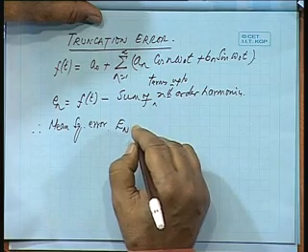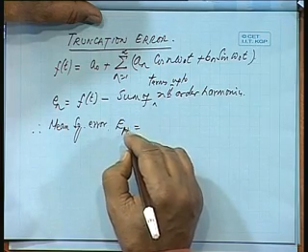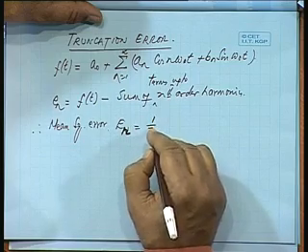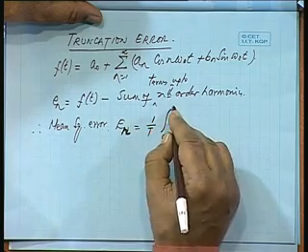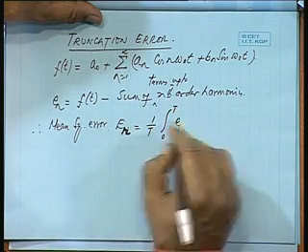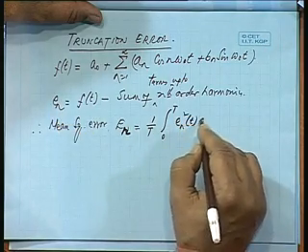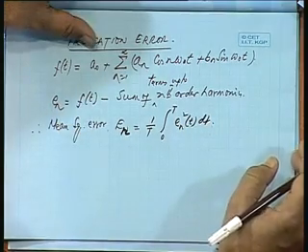Therefore, the mean square error, if you call it capital E n, that is up to nth order we are considering, is 1 by T, integral from 0 to T, of this error E n squared dt.